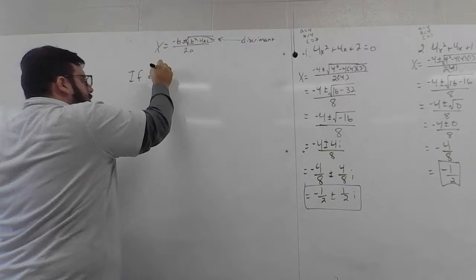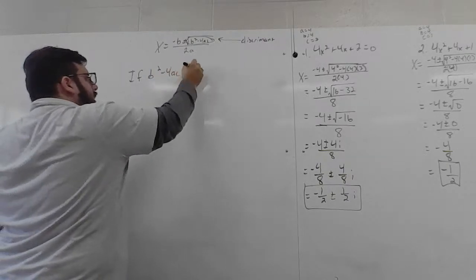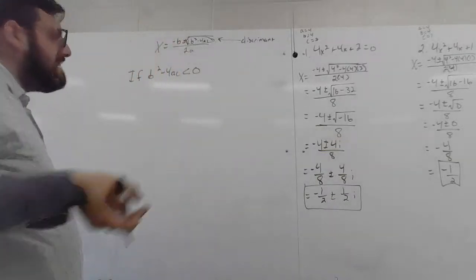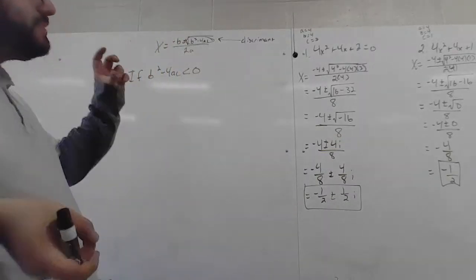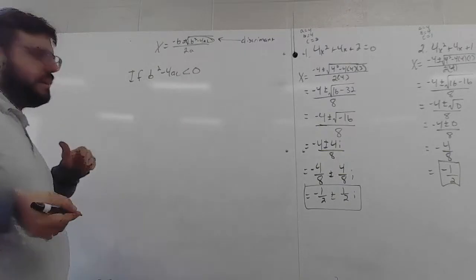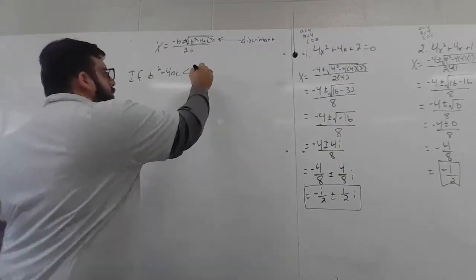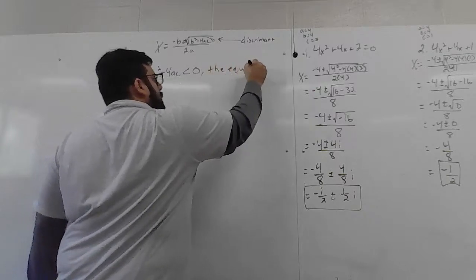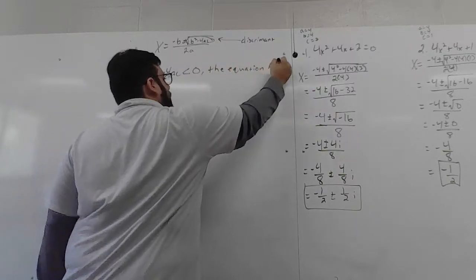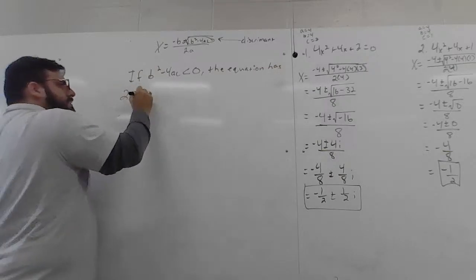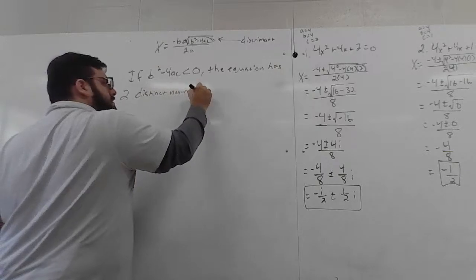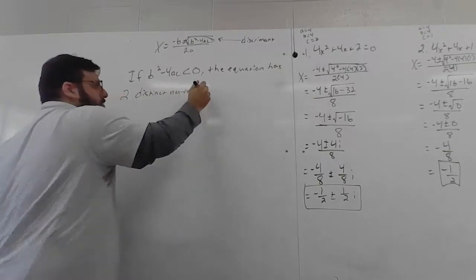So here's the first one. If your discriminant is negative, just like it was in this example right here, that means I have a negative inside the square root, which in turn can be simplified to become a complex number. So if my discriminant is negative, then your quadratic equation will have 2 distinct non-real complex solutions.